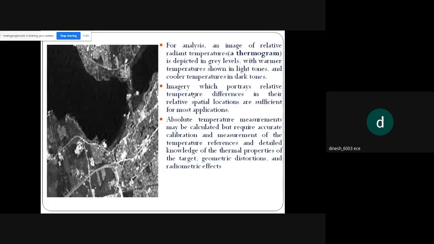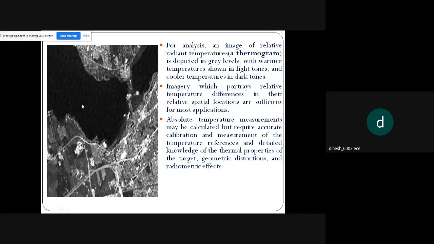So this is an image of radiant temperatures, a thermogram. Depending upon the temperature of the Earth's surface or the object, we can find what object it is. You can see relative radiant temperatures are depicted in gray levels, with warmer temperatures showing in light tones and cooler temperatures showing in dark tones.